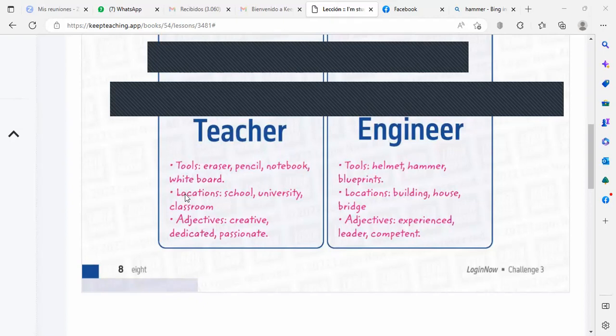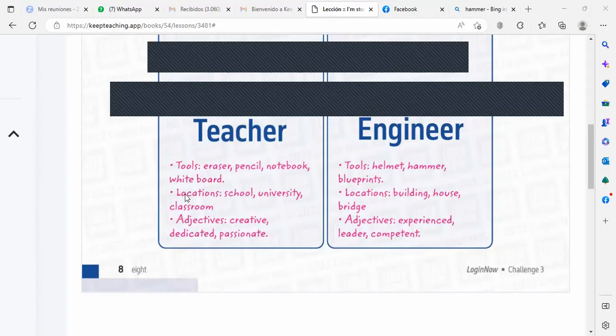And right now I'm working from my home, but usually I need to go to the office. Before the pandemic, I was going to the office. My adjectives are I need to be very quick with my responses because I receive a lot of emails every day.